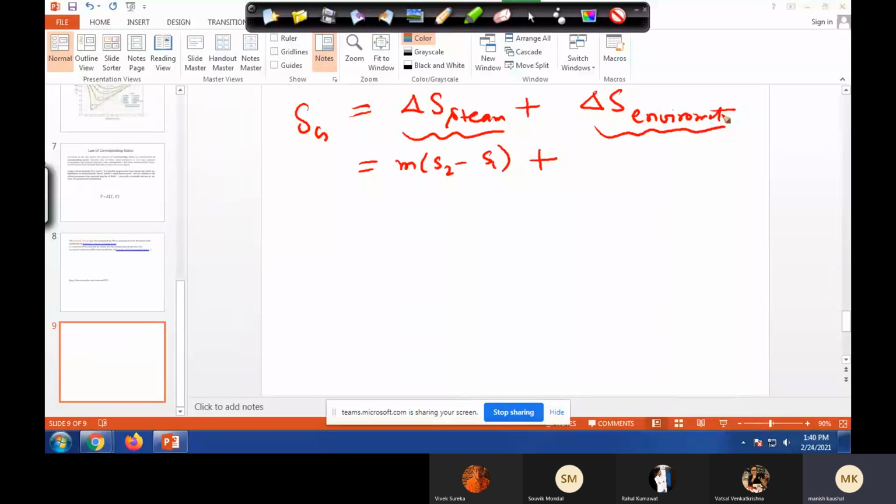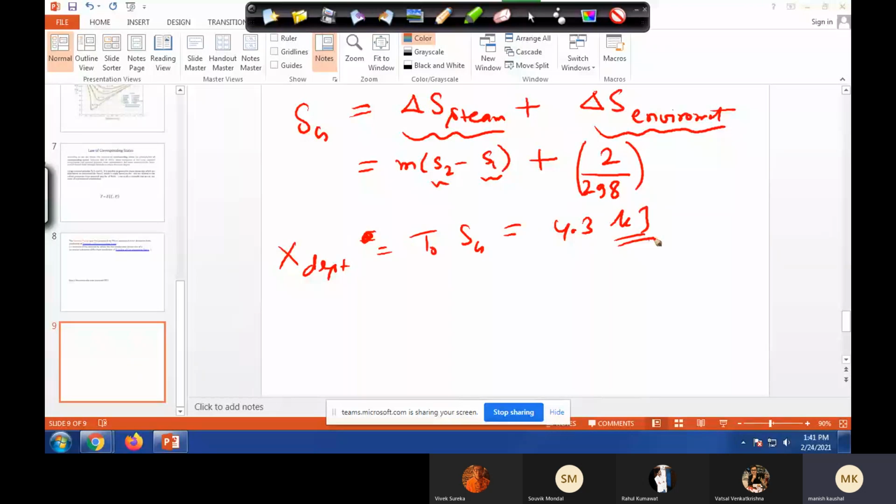You know how much heat is going to the environment. Since you are writing it for the environment, it is taking 2 kilojoule. So it will be plus 2 divided by T naught, which is 25 degrees, 298 Kelvin. Put the values of S2 and S1 from the steam table for steam, put everything in, and once you get S generation, for X destroyed you can calculate T naught times S generation, and you'll find the same answer, 4.3 kilojoule.